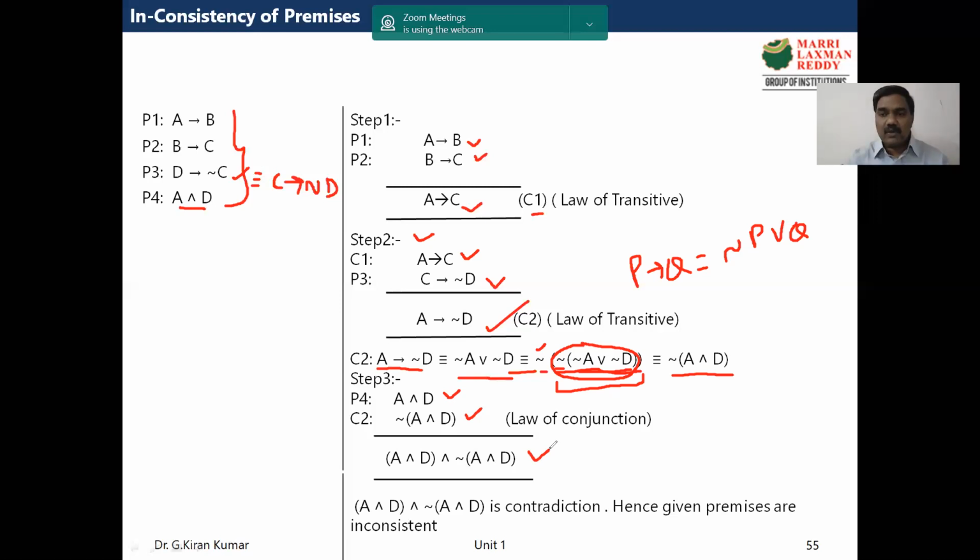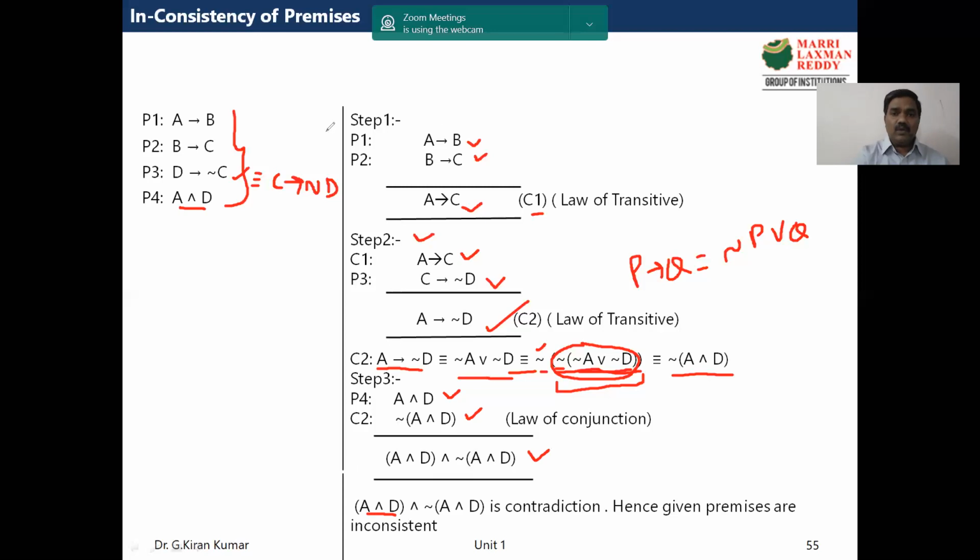To prove that the given premises are inconsistent, we should always derive a formula of the form R and negation of R. In this case, R is A and D. So if we derive any such conjunction statement, we say that the premises are inconsistent.